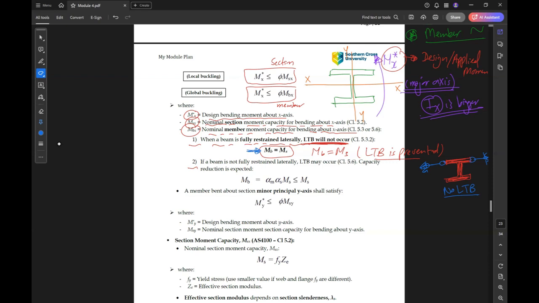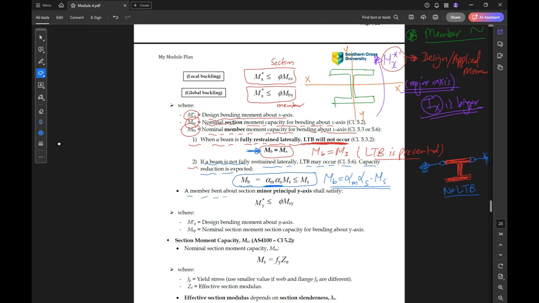But in general cases, we don't have this type of support. So if the beam is not fully restrained against lateral torsion buckling, we need to reduce the section capacity to the member capacity. So MB equals alpha M, alpha S times MS and less than MS. So MB equals the reduction factors alpha M and alpha S times the section capacity MS. This is the value of the member capacity.